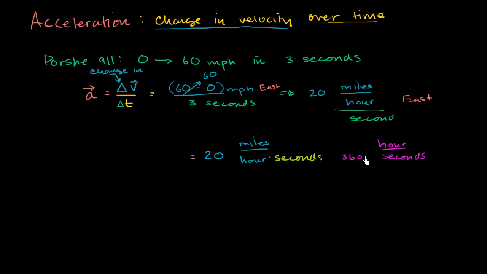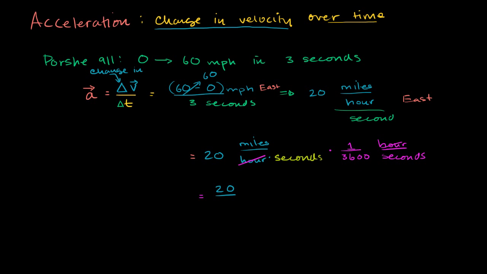So it's 3,600 seconds for every 1 hour. Or 1 hour is equal to 3,600 seconds. Or 1/3600th of an hour per second. All of those are legitimate ways to interpret this thing in magenta right over here. And then you multiply. Do a little dimensional analysis. Hour cancels with hour.